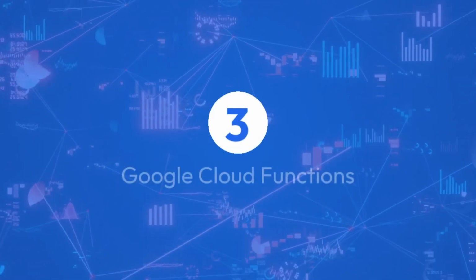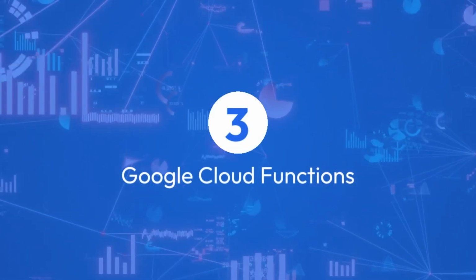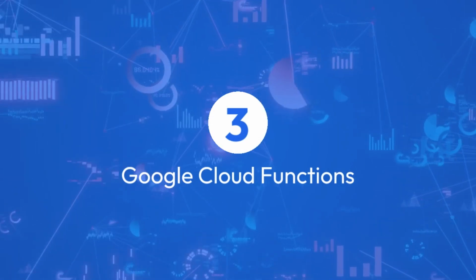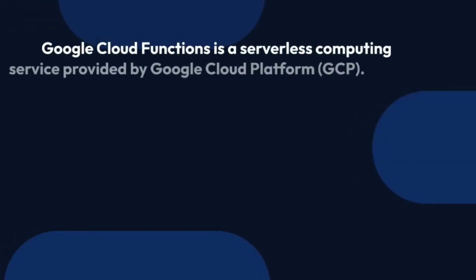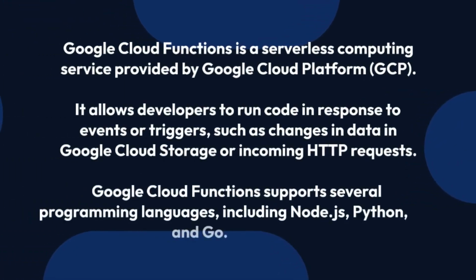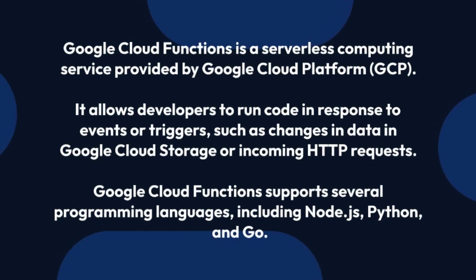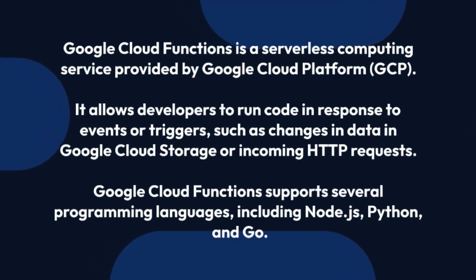The next service on the list is from Google Cloud. The name of the service is Cloud Functions, a serverless computing service provided by Google Cloud Platform, and it allows developers to run code in response to events and triggers like we have in Azure. These triggers can be anything like changes in the data in Google Cloud Storage or an incoming HTTP request.